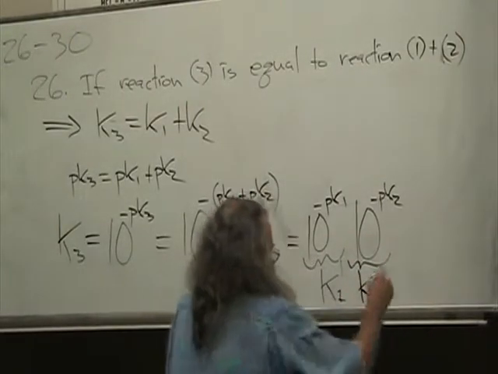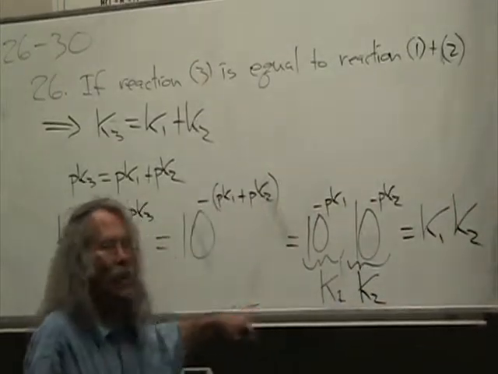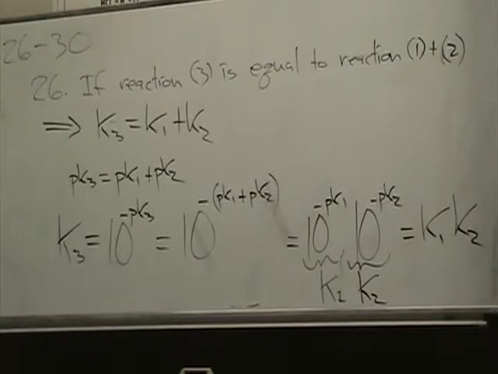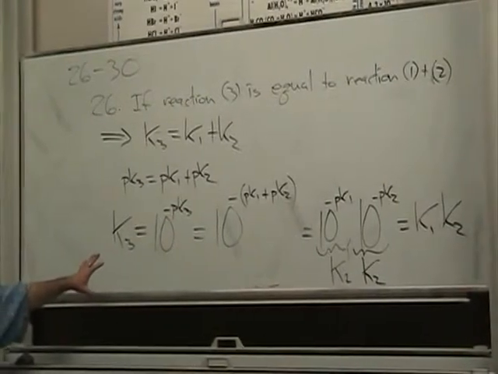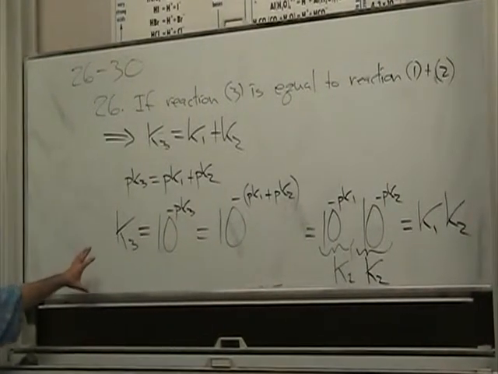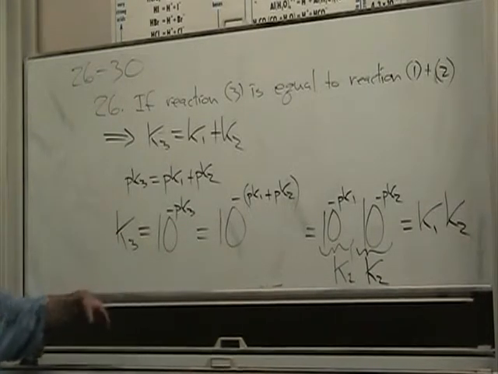So K3 equals K1 times K2, not added together, which we can show several different ways, but this way is a really good one. So everybody should be comfortable with this one. And this is a fact we're going to be exploiting a whole lot when we get into, which we're already into, equilibrium.